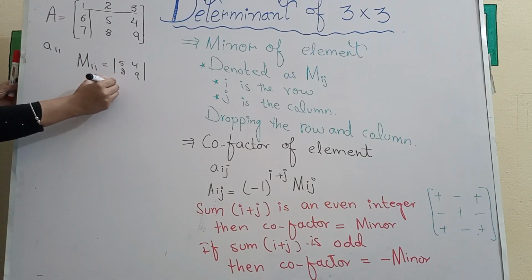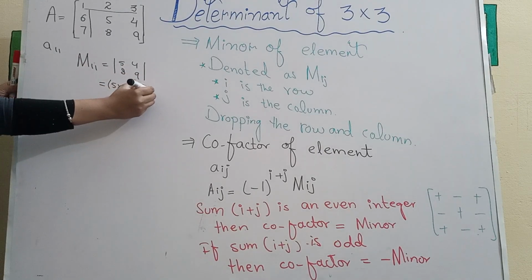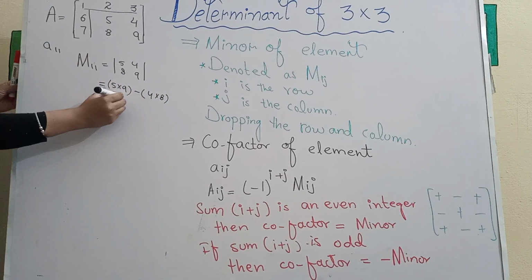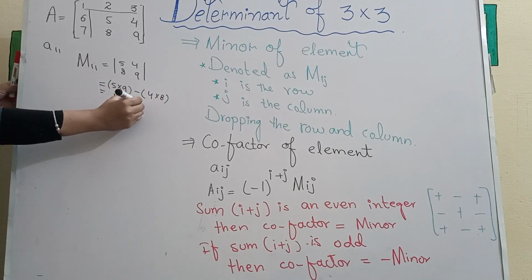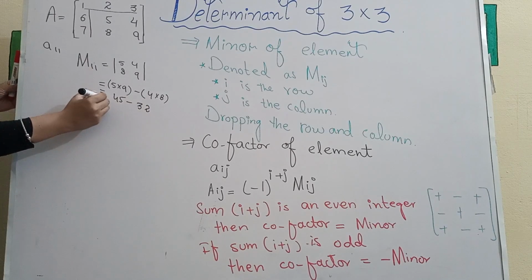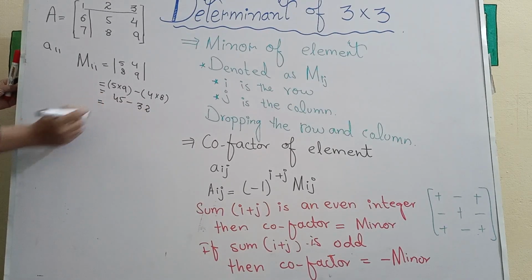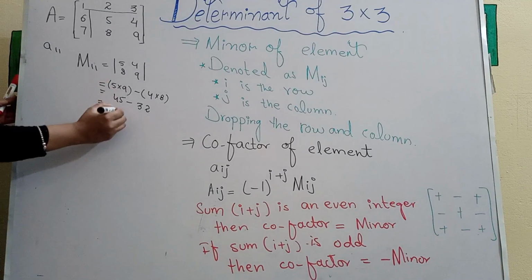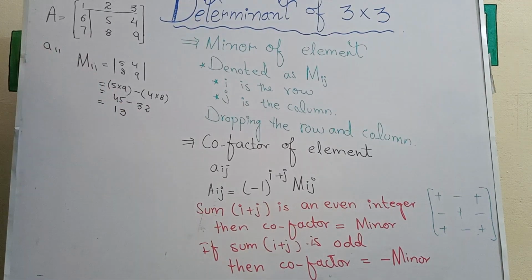We already discussed that it is the product of the diagonals and then we subtract them. So 5 nines are 45 minus 4 eights are 32, and 45 minus 32 equals 13.